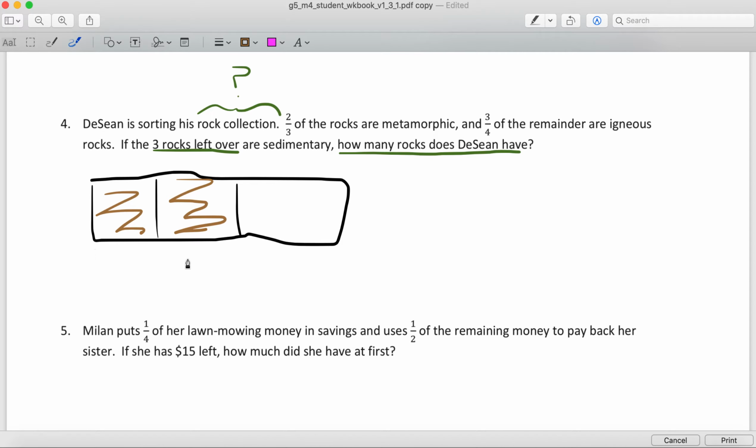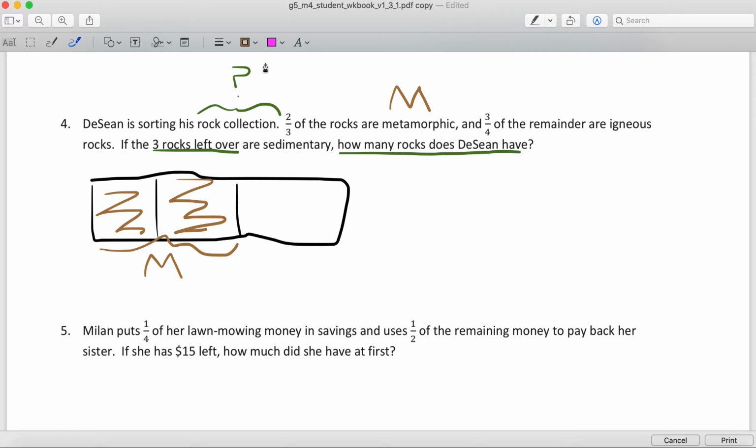Okay, so how about we use M to represent metamorphic? Okay, so I'm going to say that this is equal to M. And 3/4 of the remainder are igneous. Okay, 3/4 of the remainder. So here's the remainder right here. Remainder looks a little different than what you have been used to.